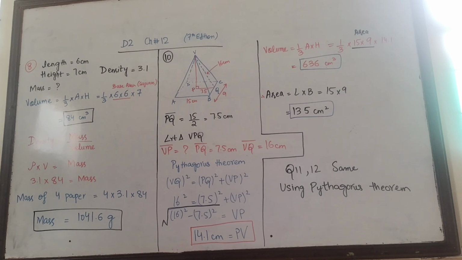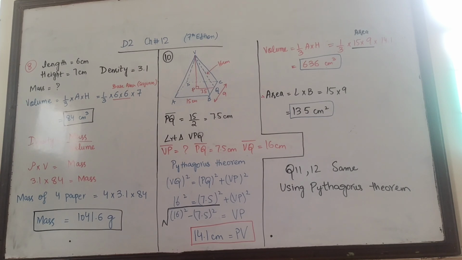You can see PQ is parallel to AB and it is half of AB. So PQ is parallel to AB and because it is half, you have to divide 15 by 2 and you will get the length of PQ, which is 7.5 centimeter.